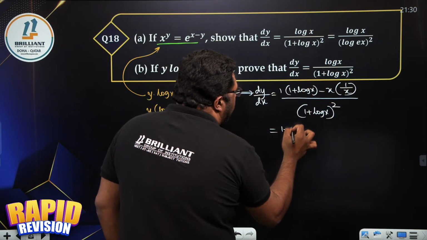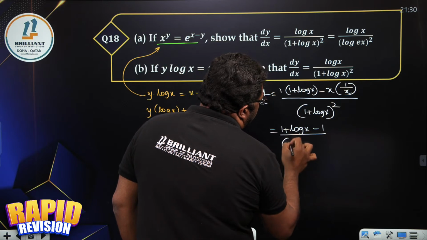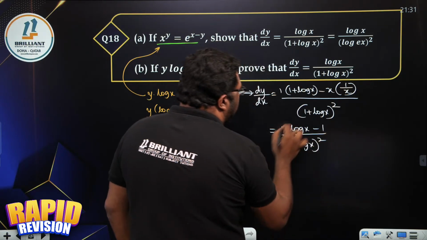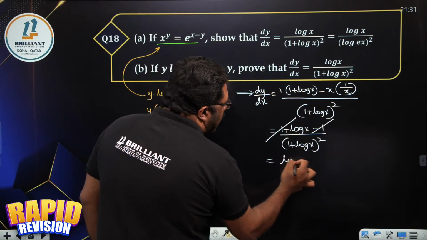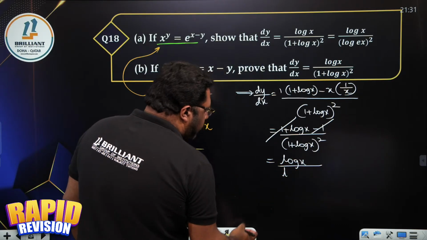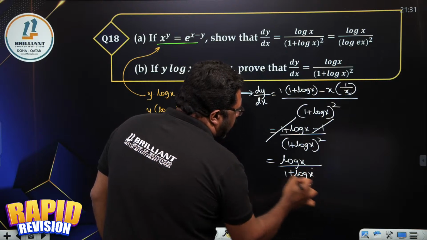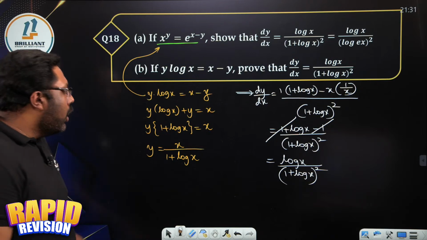So 1 plus log x minus 1, the 1 minus 1 cancels. Final answer, log x by 1 plus log x whole squared.